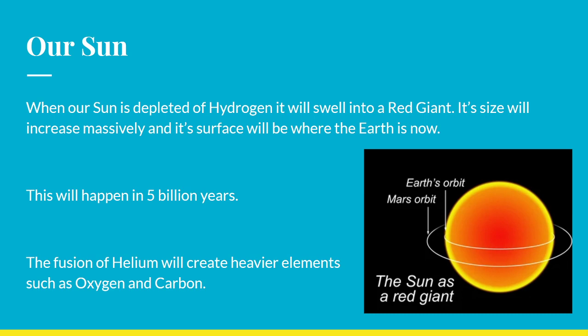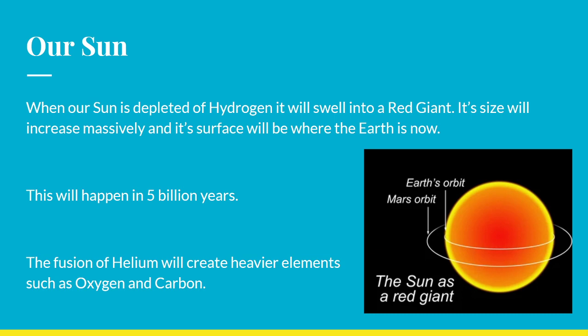Let's take a minute and just talk about our own sun, because there's an interesting thing that happens when the hydrogen fuel source is depleted. And those red giants we saw in that diagram, that's kind of where they come from. When main sequence stars run out of hydrogen, they start to fuse helium, and that pressure makes the star swell. Its size, its volume increases.